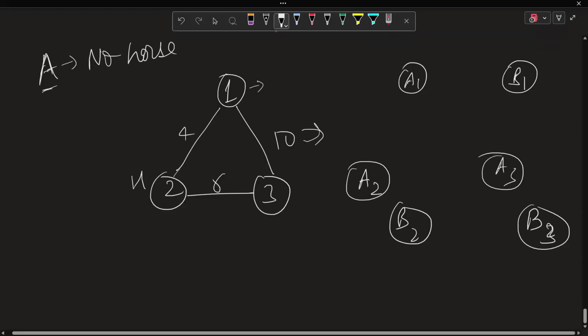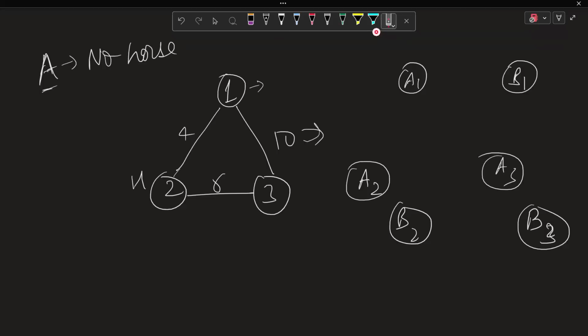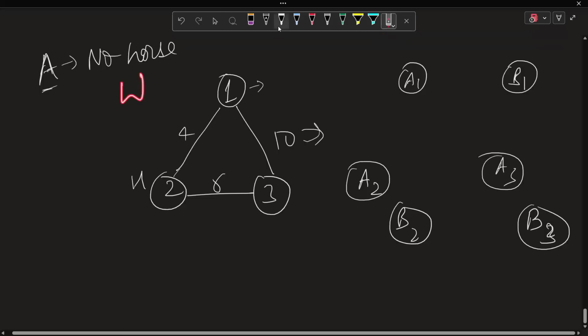So when you are on some A node, you have to use w as the weight. And B nodes represent that there is a horse available. So when you are on some B node, to travel you would use w by 2 as the distance.